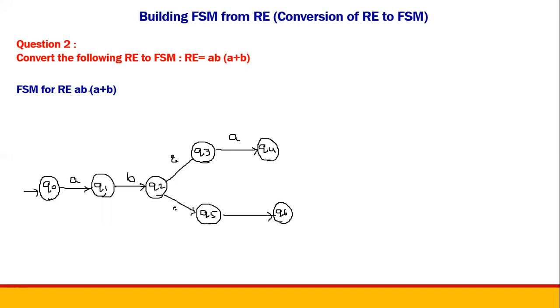This becomes epsilon, this is B, either A or B, and then I will combine them and this becomes my final state. So you have to remember, guys, how to write A plus B or 0 plus 1, whatever it is, the plus operator, and then how to go for the concatenation operator, how to go for the star operator. So this is my final FSM for the given regular expression.